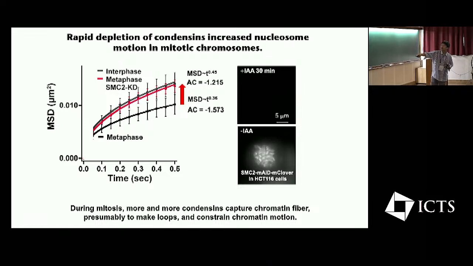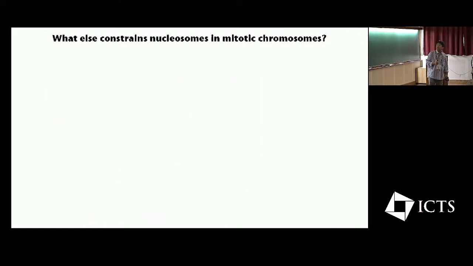So during mitosis, more and more condensin captures the chromatin fiber, presumably to make loops and constrain chromatin motion. Then, what else constrains nucleosomes in mitotic chromosomes?